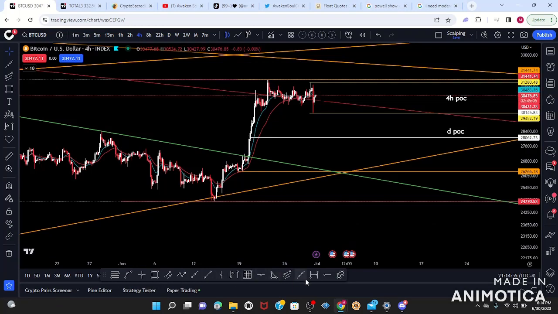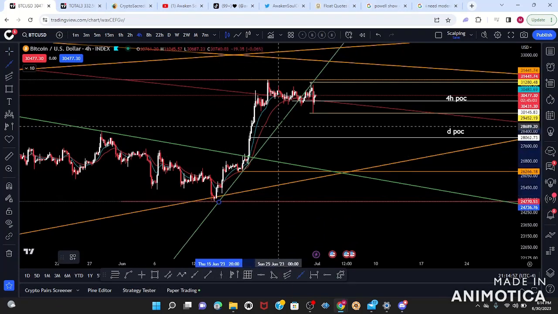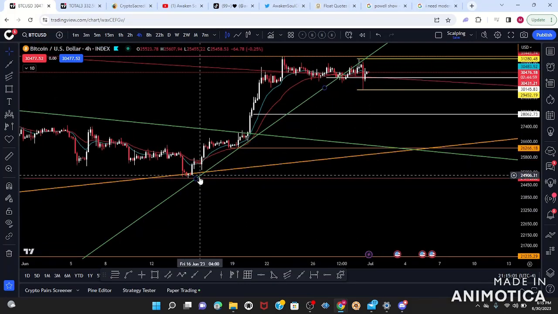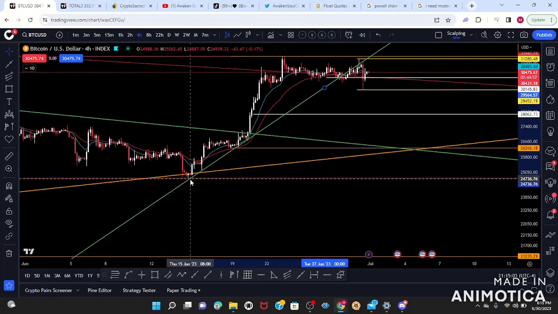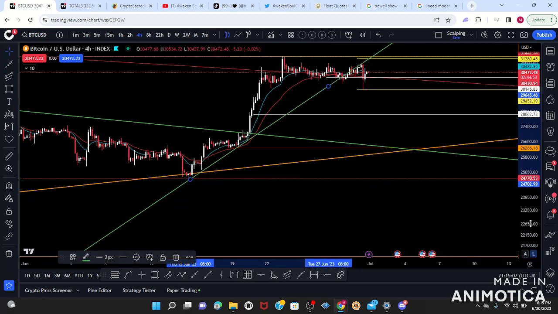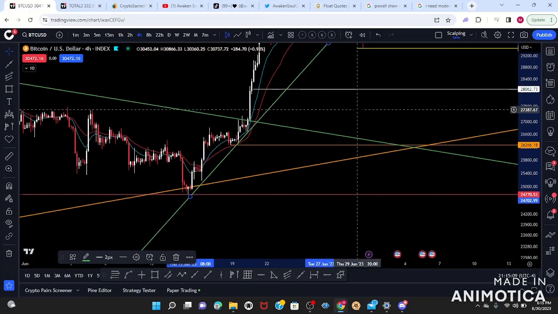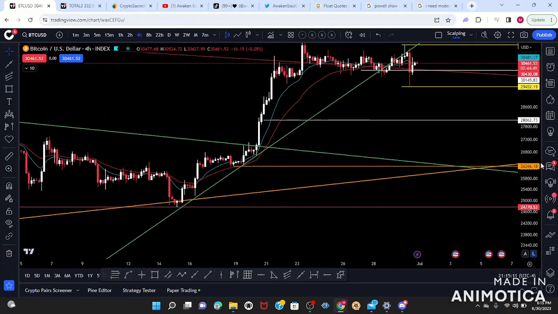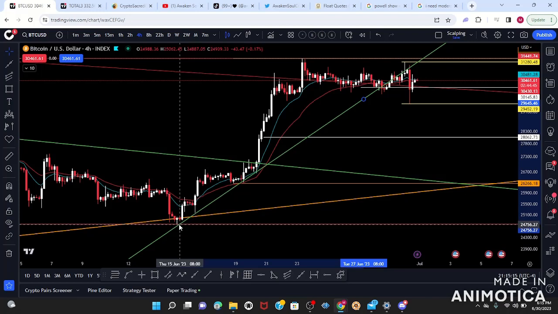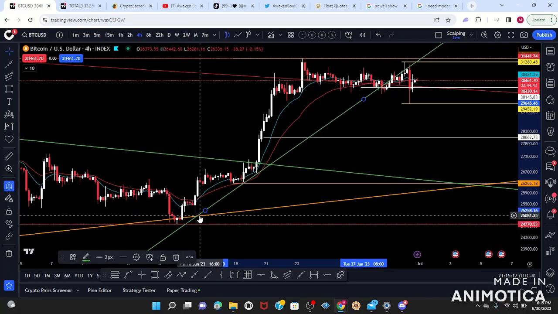Another thing I'm going to do here is my trend line from where it broke. So use wick to wick, and I want to show you why it's so important for me to be as accurate as possible. As you can see, I have, oh, let me turn on my magnet.